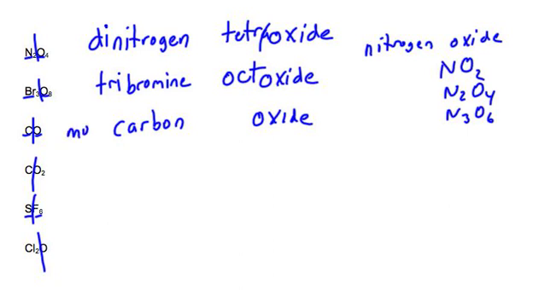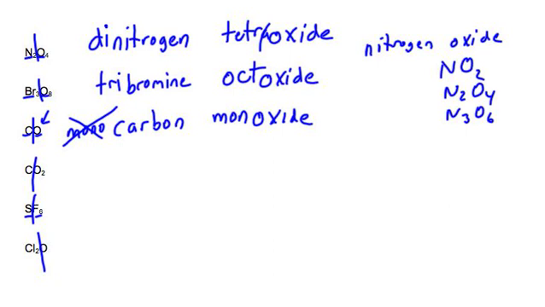We don't ever use mono on the first one, so we'll just cross that off. The next one will have it, but it's not going to be monooxide; we are going to drop the o. So again, don't use mono on the first one if there's one. So carbon monoxide. We do need the mono on the second one, but never put it on the first. Otherwise it just sounds strange. And if you're ever unsure, go back to this example of carbon monoxide.